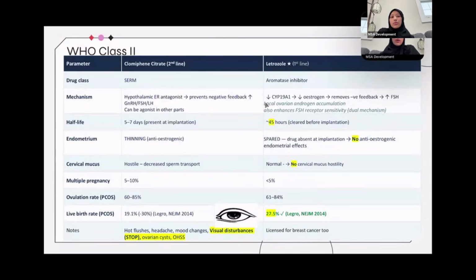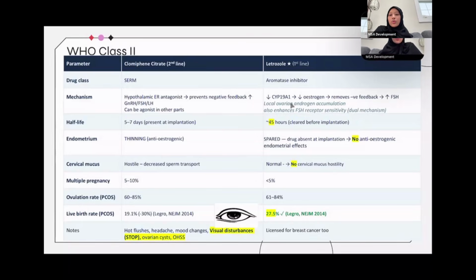So let's talk more about PCOS and class 2. Letrozole is first line. We said it's an aromatase inhibitor. It decreases estrogen because it inhibits that aromatase enzyme, which is in other words CYP19. You don't need to know that. It removes the negative feedback, if you remember. So it decreases estrogen, but it restores that pulsatile FSH.